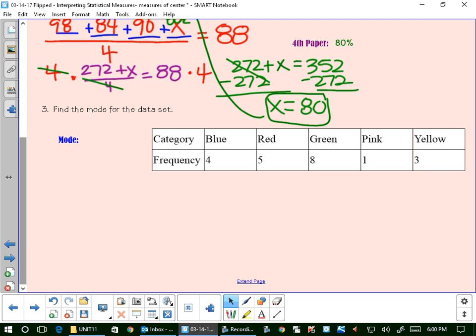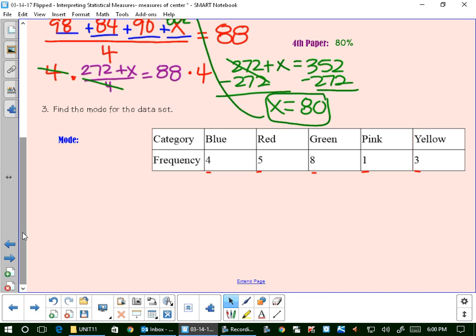So these are your frequencies, the number of times something occurred. Now be careful here. This is categorical data, isn't it? I'm going to ask you what your mode is. Think about the thing that occurred the most. If you're looking at the numbers, or trying to order the numbers, you're looking at the wrong thing.